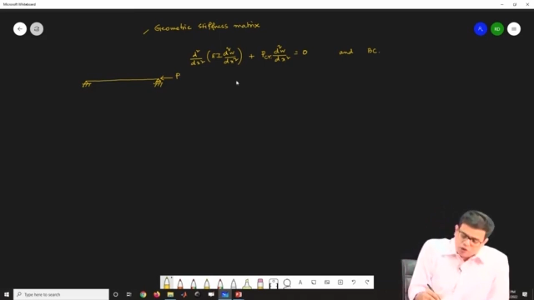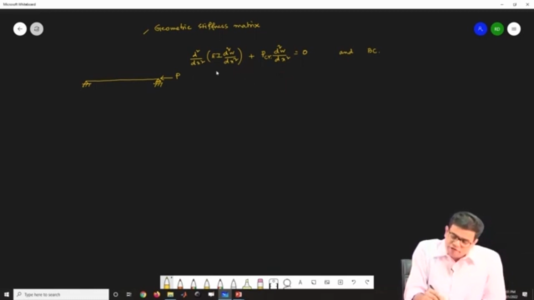Now we know that the element based equation for this problem, which we already knew, is K, the beam stiffness, minus P critical, my buckling load, times Kg, the geometric stiffness matrix, times the W vector, that is the rotation and displacement, the generalized displacement, equals the force vector.